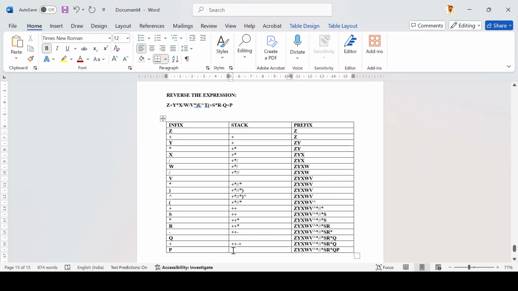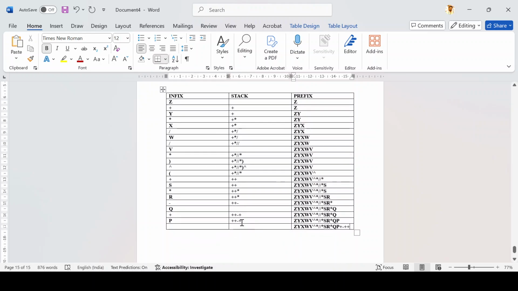Then the whole expression has been completed. So whatever remains in the stack can be taken out. First one is going to be plus, so we pop the plus, and then minus, and then plus, plus.